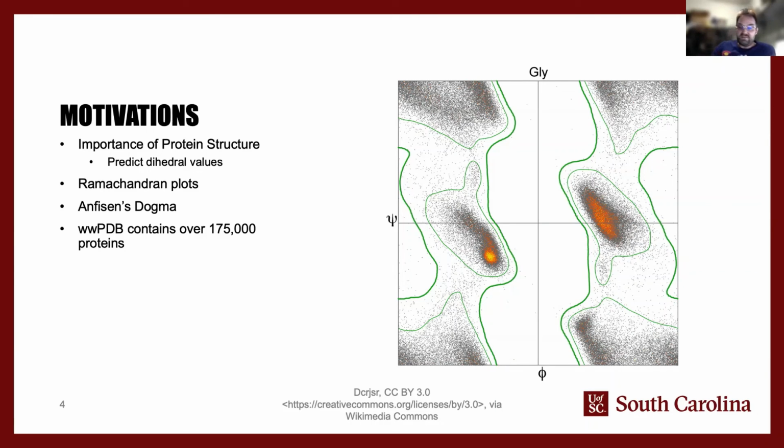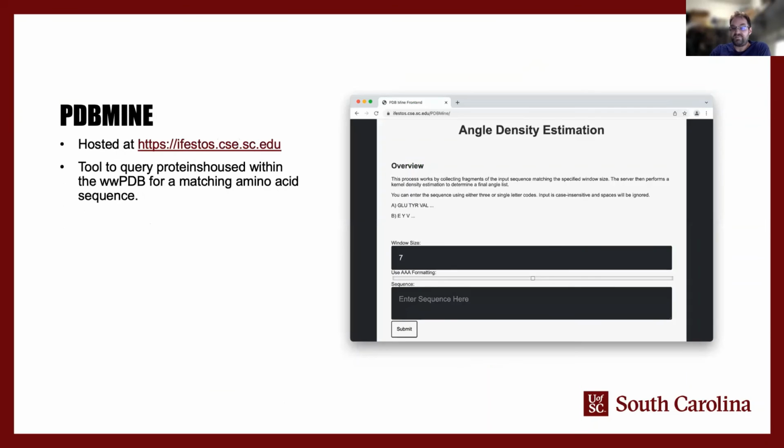So this is something that's been studied for a number of years, and even back in the 1960s, Ramachandran came up with these plots that help us visualize possible dihedral values for various amino acids. And what we're trying to do in this work, or with PDB-Mine, is to basically go query the worldwide protein data bank that has hundreds of thousands of proteins in there, so that we can find matches to further restrict this space and get a better idea of what these dihedral angles are.